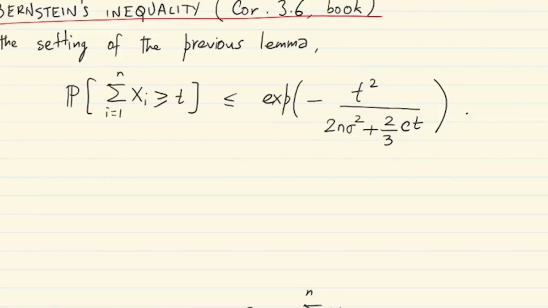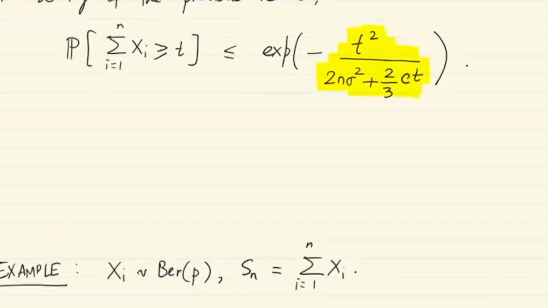There's a quadratic polynomial in t on top, and there's a linear polynomial depending on t in the bottom. Okay, so this form is what you get as a consequence of Bennett's inequality.